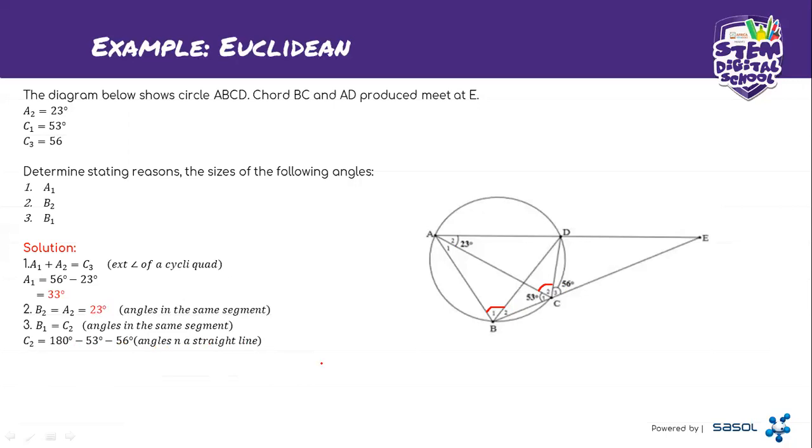And then angle C2 equals 71 degrees. Therefore, our angle B1 equals 71 degrees as well. So that was that.